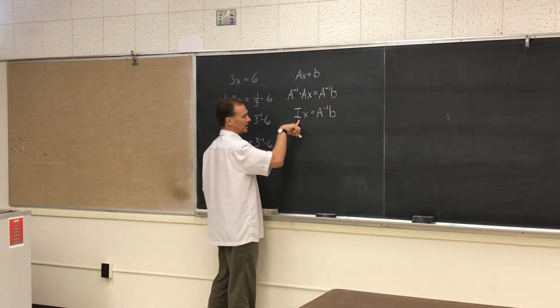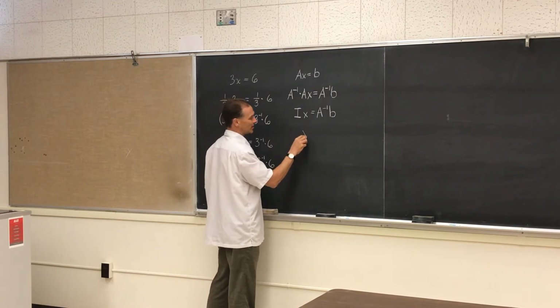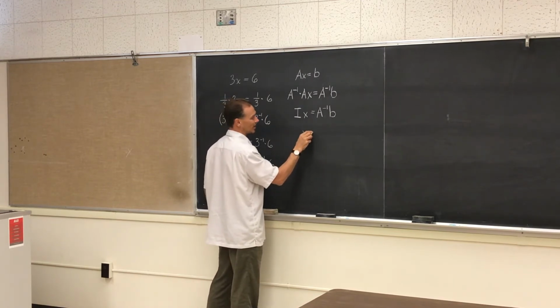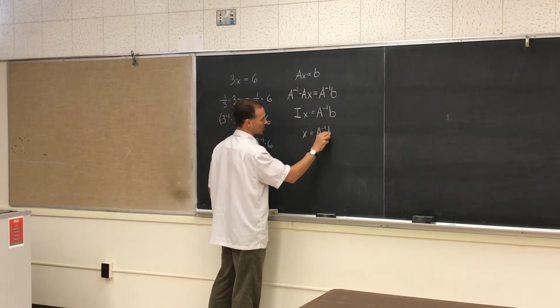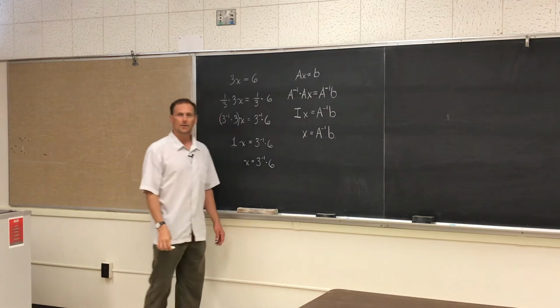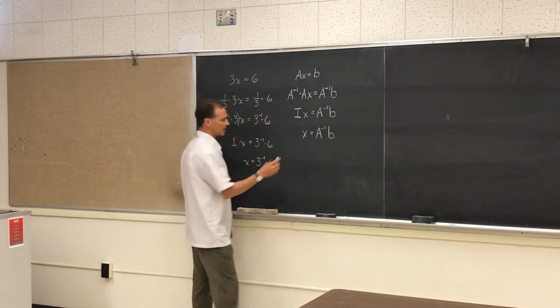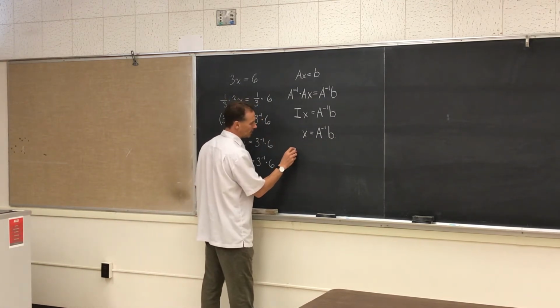And if I multiply the identity by that vector, it's exactly what you would expect. It's just the vector x. Okay, so that's the question today: is this true?